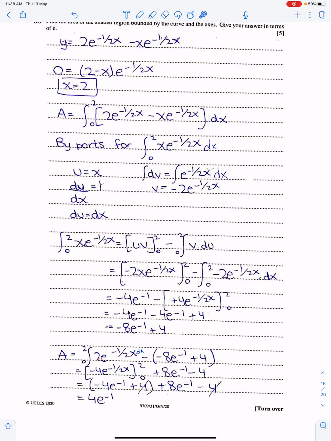Copy this too, and the integration of e power minus half x will be e power minus half x divided by minus half. When you get the reciprocal of minus half, this 2 will become minus 4. So finally we have this answer, 4 e power minus 1. That's the area.